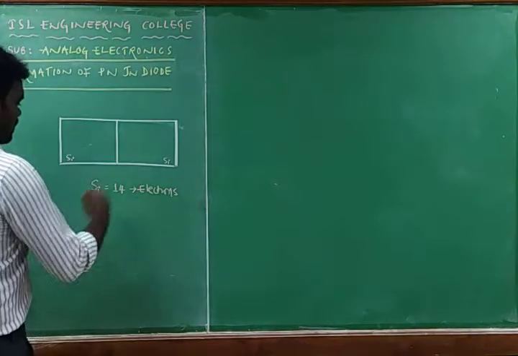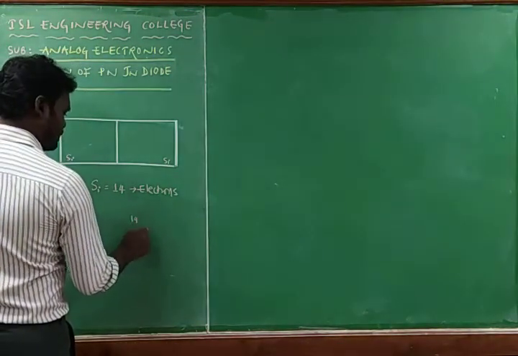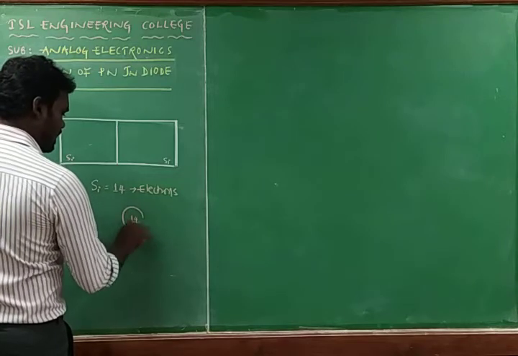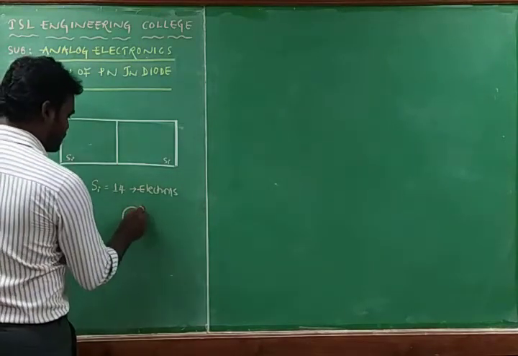For a silicon atom, 14 electrons are there. In the first orbit, they can allocate 2 electrons.